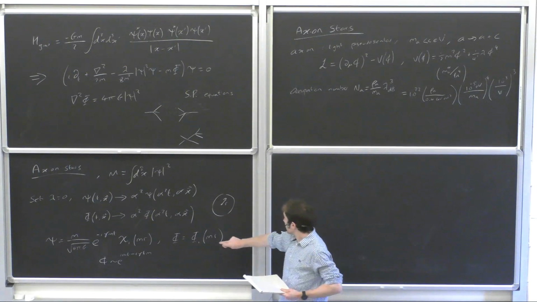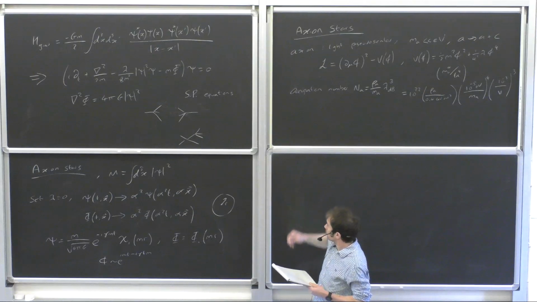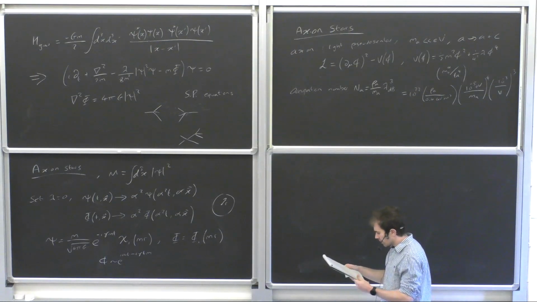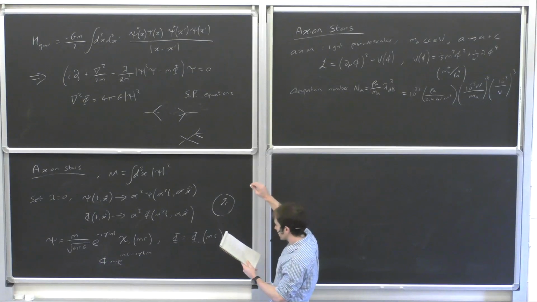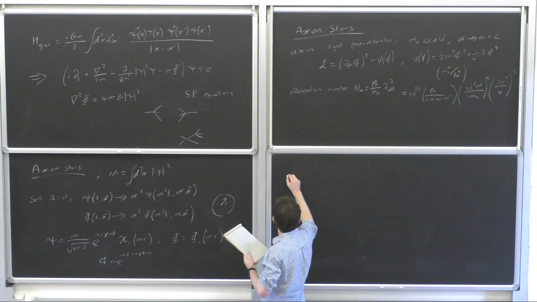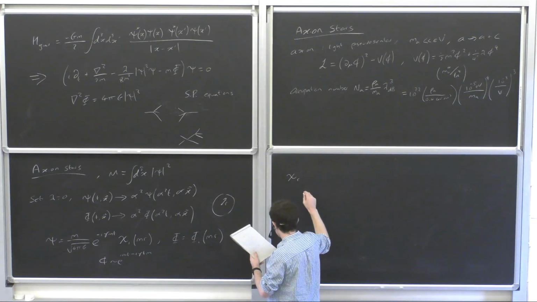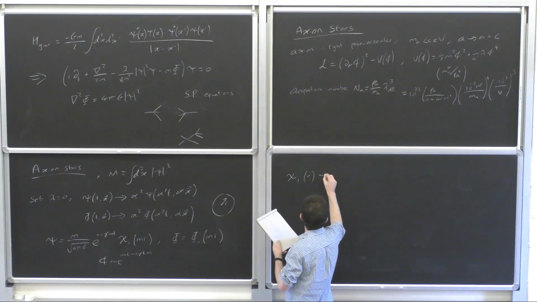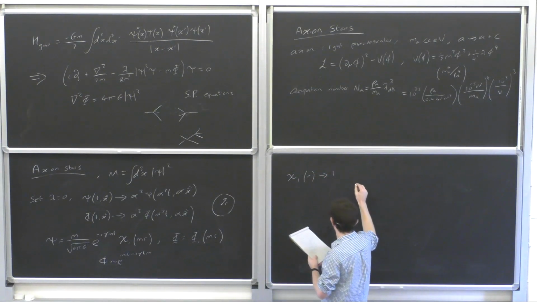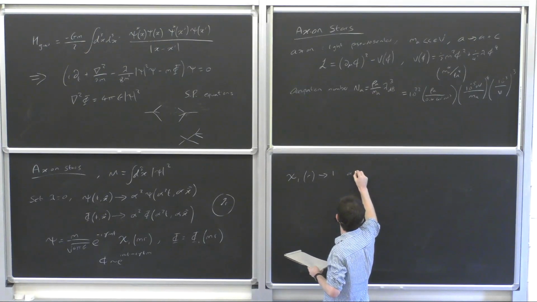Anyway, aside from that, with these ansatz, we reduce the Schrodinger-Poisson equations down to ordinary differential equations. And moreover, we only actually need one solution because of our scaling symmetry. So we can just impose that our solution chi1 of r tends to 1 at the center of the star.